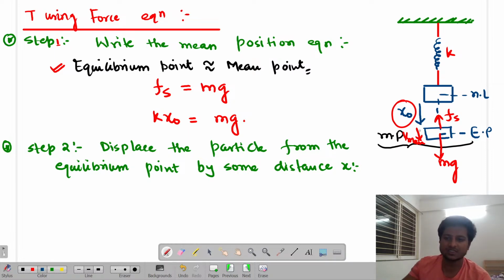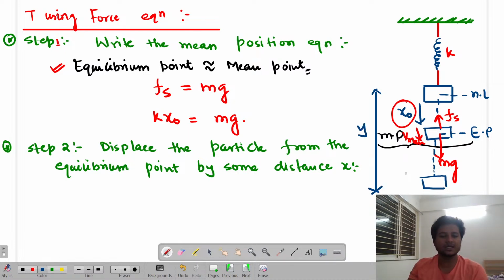So now let us suppose if I just displace it, this particle will appear over here, isn't it? And from the natural length, this displacement will be something, let us call this displacement y. Is that clear or not?